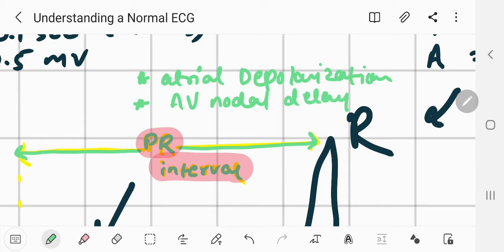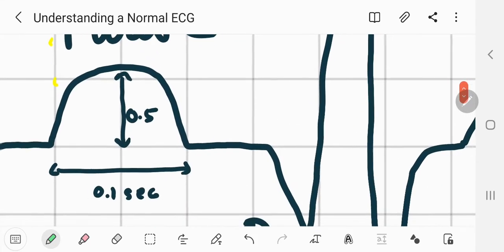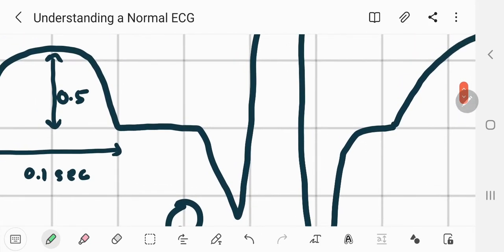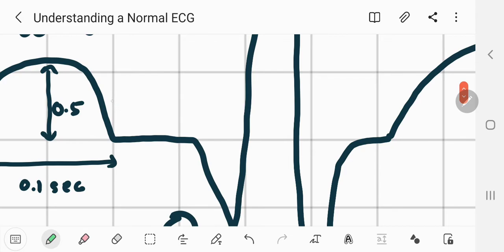Now, in order to understand AV nodal delay, we need to understand the PR segment. Now, the PR segment starts from the end of the P wave until the beginning of the R wave, so until here. So this is a PR segment.